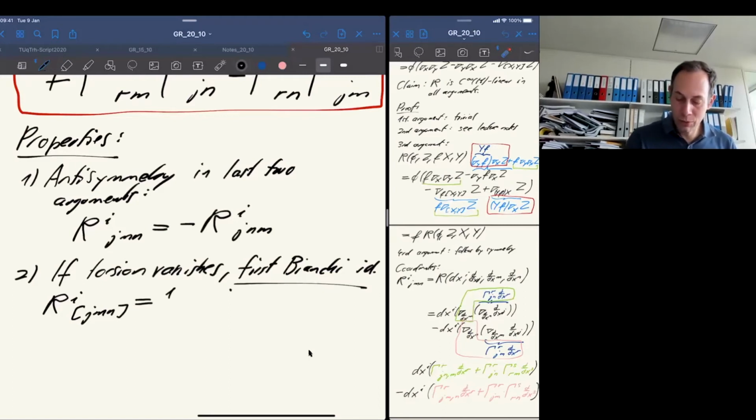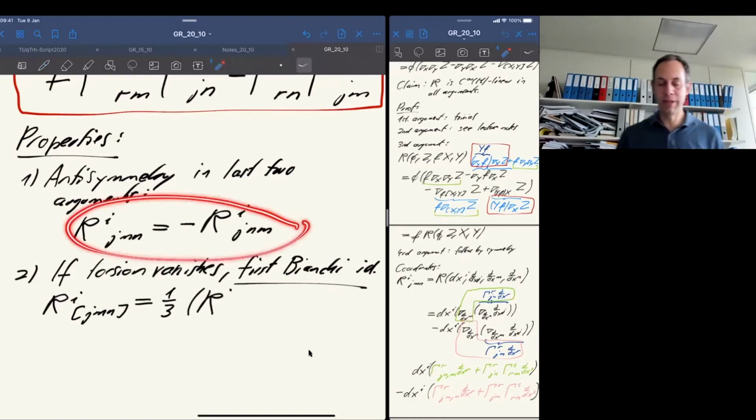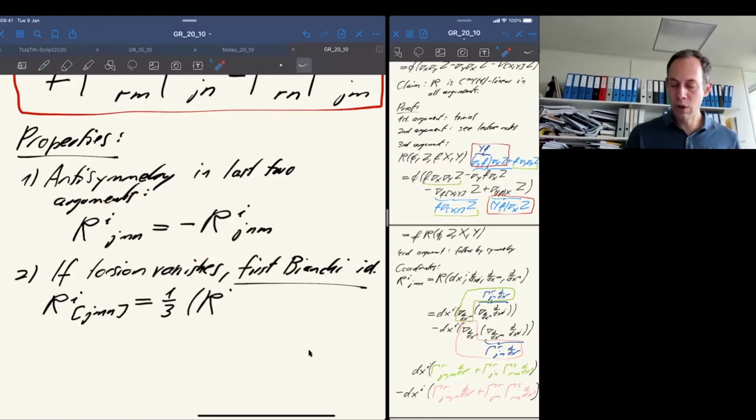Maybe what I could do is to write something non-trivial, something that combines it with the previous thing. If you already know that it's antisymmetric in the last two arguments, then of course I don't need to write the permutations of the last two arguments twice. So if I write R_{IJMN}, this of course already includes also the term where M and N are flipped.